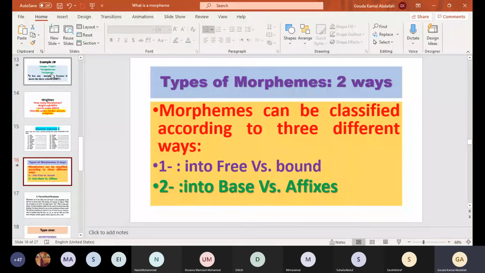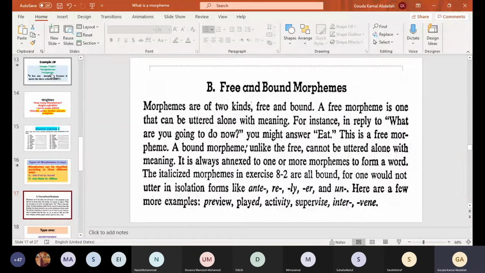Another way, a different school of dividing morphemes, is base versus affix. We're going to go into both of them. What is a free morpheme? What is a bound morpheme? What is a base and what is an affix? Let's go on to free versus bound morpheme.